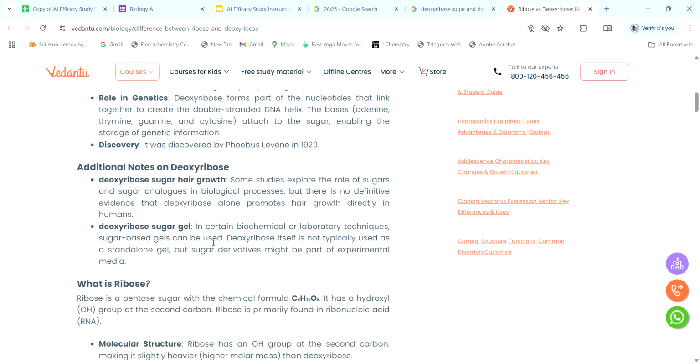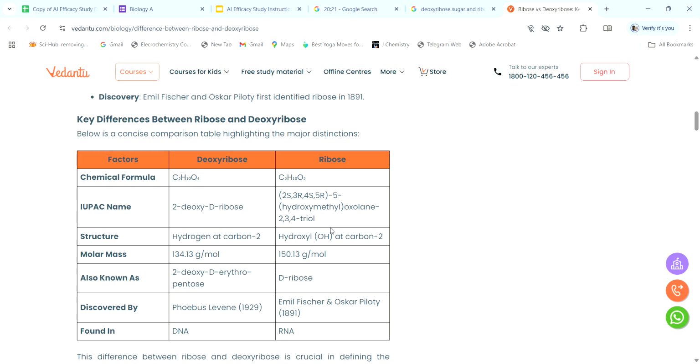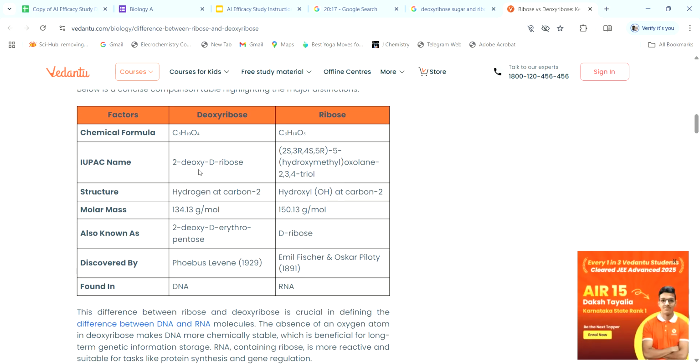So the key differences between ribose and deoxyribose sugar: the IUPAC name of deoxyribose is 2-deoxyribose, (2S,4S,5R)-5-(hydroxymethyl)oxolane-2,3,4-triol. Structure: hydrogen at carbon 2 in deoxyribose, hydroxyl at carbon 2 in ribose. Also known as 2-deoxy-D-erythropentose, and the other is D-ribose.